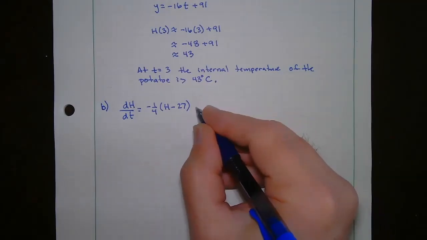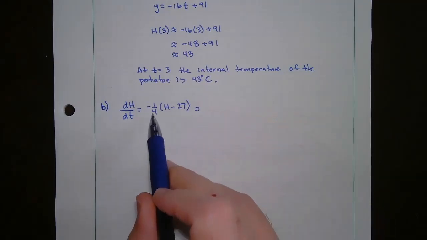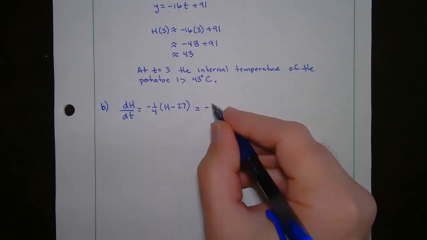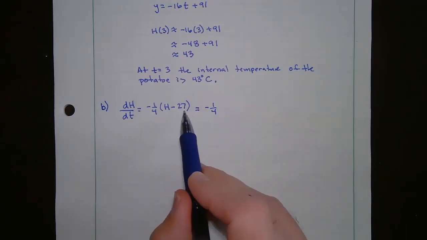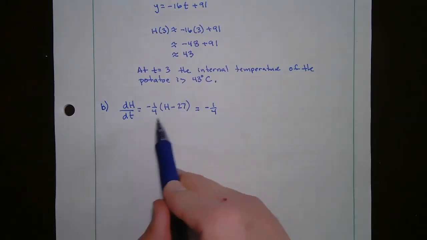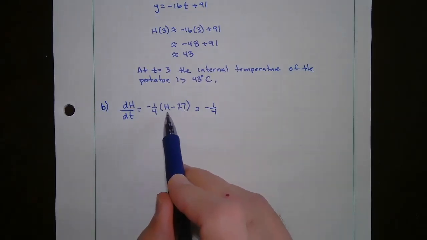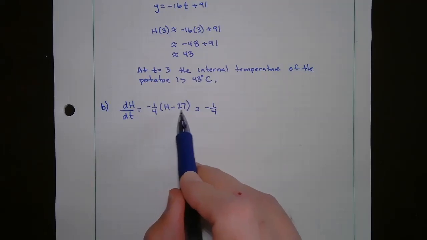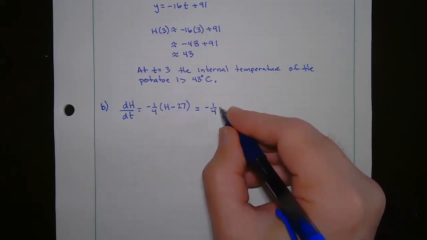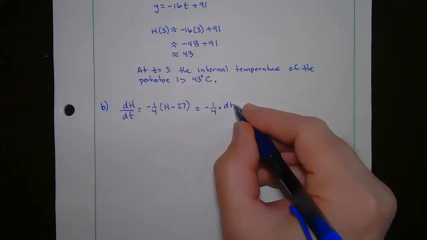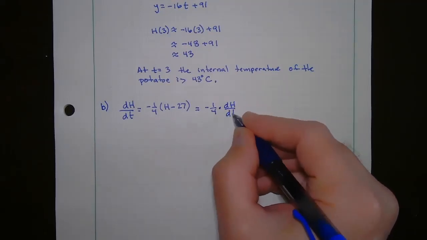So this would be negative 1/4 times the derivative of h minus 27 with respect to time, right? So that would be just dh dt, because the derivative of 27 is just going to be 0. So negative 1/4 times dh over dt.